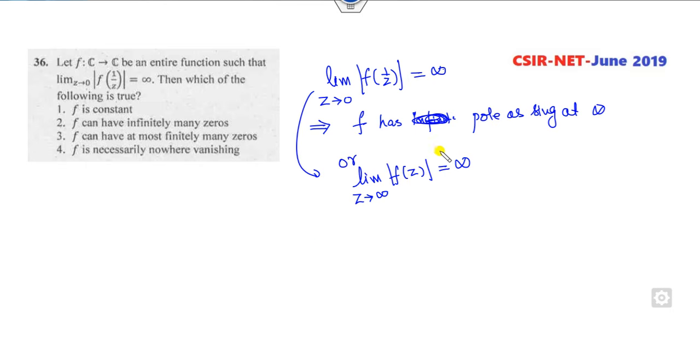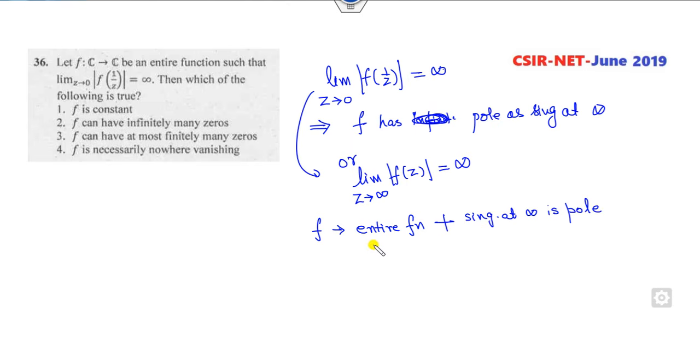So what is the meaning of that? F is an entire function, plus the second thing you have to prove is that the singularity at infinity is a pole. These two things you have proved.